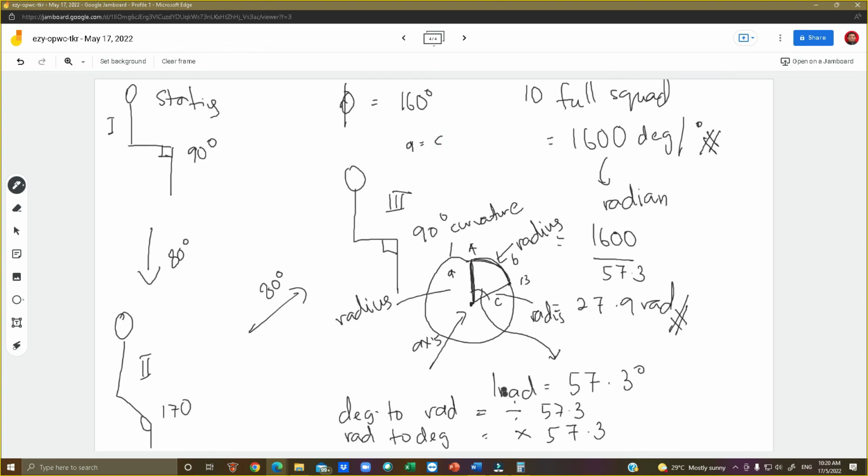But at 1 radian, at 57.3, A equals to C at the same time it is equals to B. Maksudnya, kalau ini 10 cm, ini 10 cm, ini pun akan dapat 10 cm linearly. And that at that point, the radius or the angle is 57.3. And this is the reason, the simplest reason why 1 radian is known as 57.3 degree.